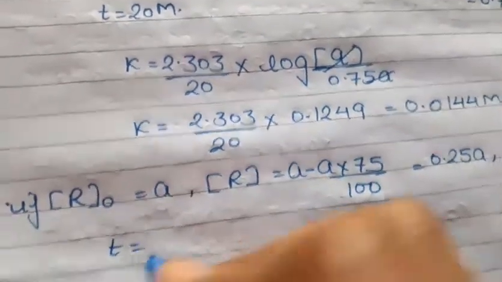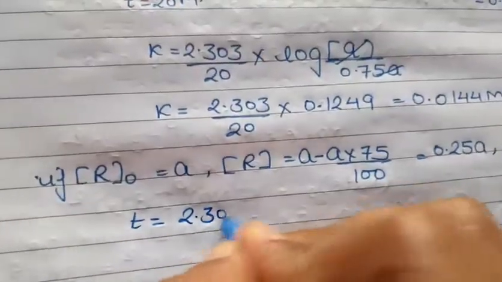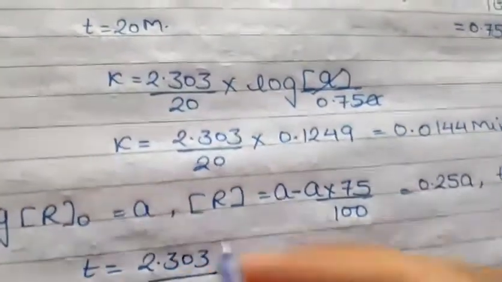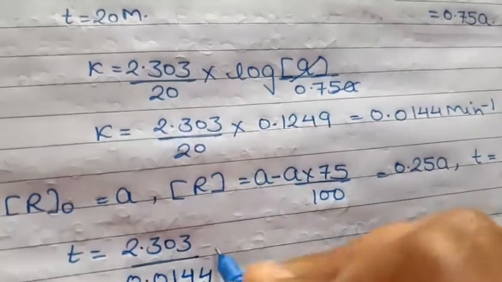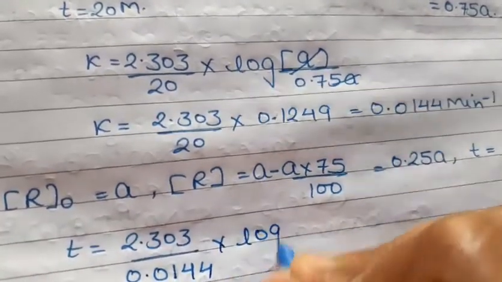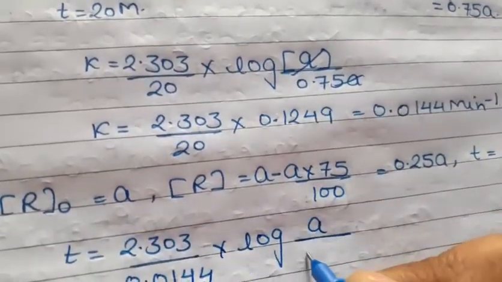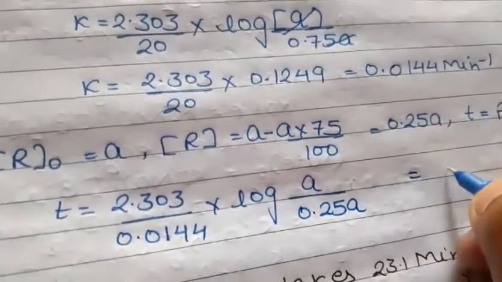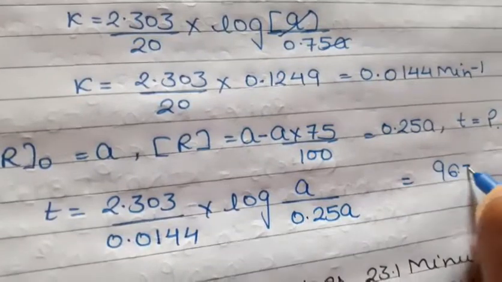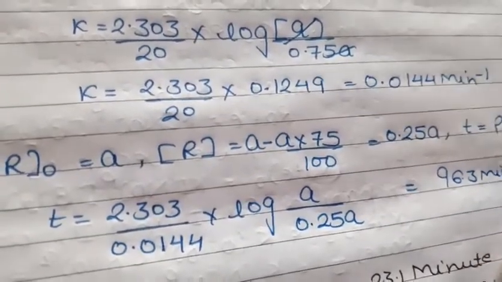Then t equals 2.303 upon k, where k we just found is 0.0144, into log a upon 0.25a, and by solving it we get 96.3 minutes. Students, this is a very important question.